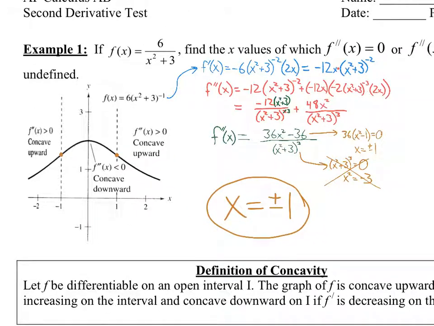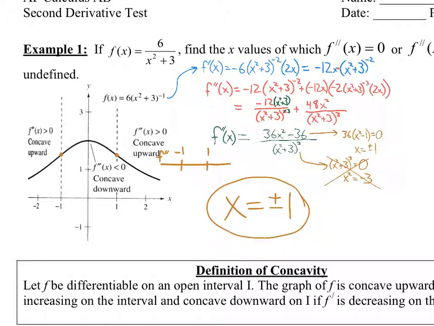If I were to get a sign diagram, even if the problem didn't ask me for it, here, this is f double prime. If I plug in, say, a -2, the denominator is always going to be positive, because when you square it, it's positive, and a positive cubed is positive.